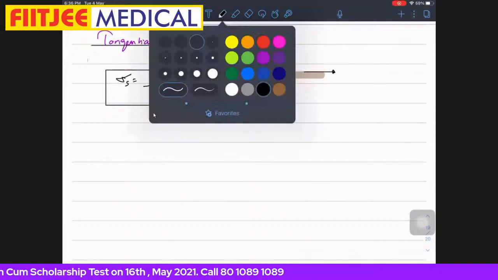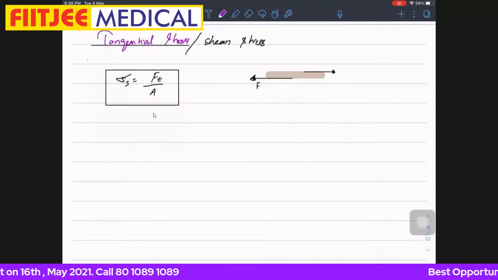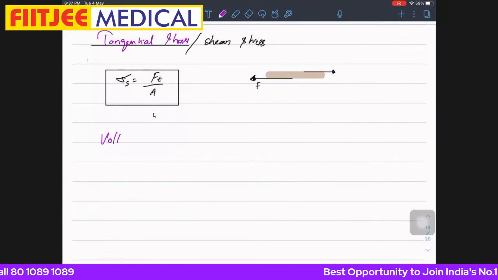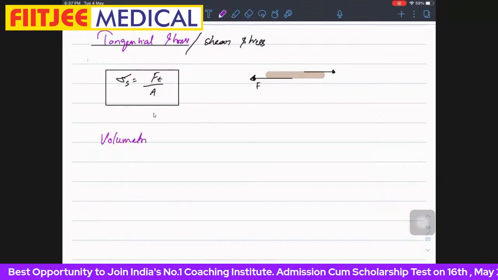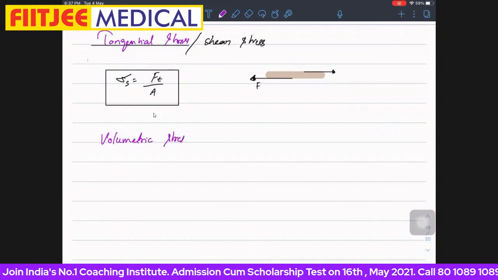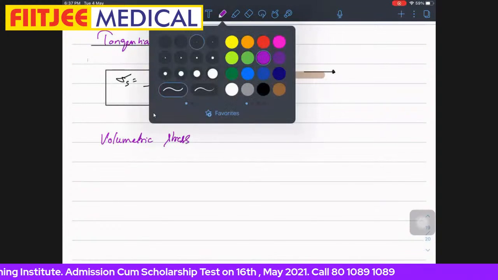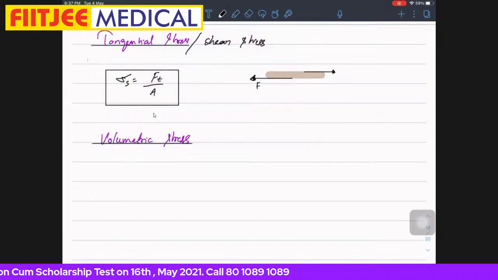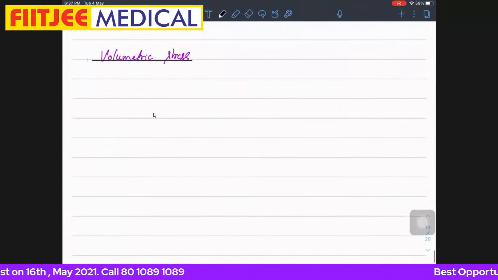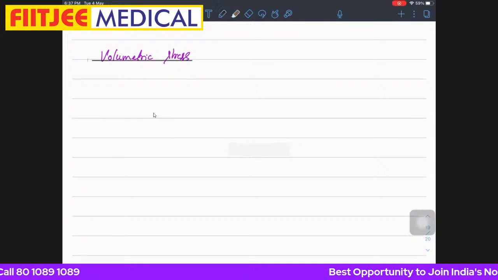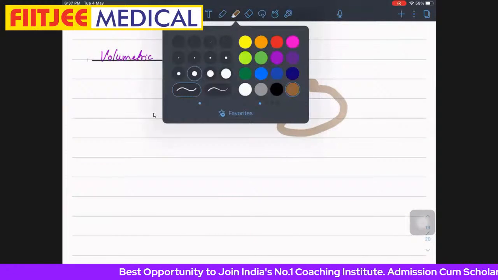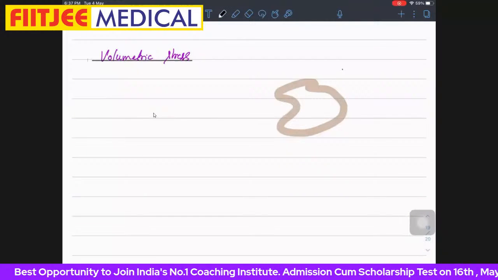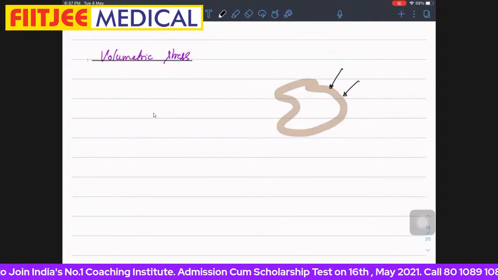Now after this, one more thing is there, that is called volumetric stress. So what is volumetric stress? Suppose a body is put inside water where from all directions the forces will act. So in that case, there would be force from every direction.